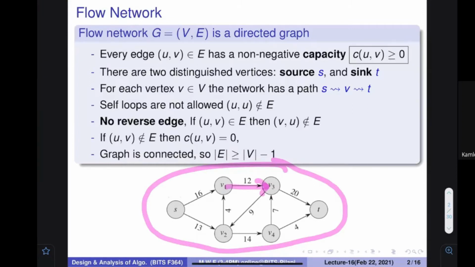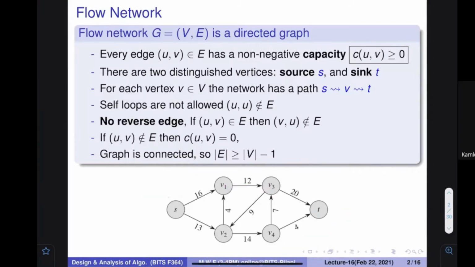Let me quickly show, just for the sake of interest, let's assume that here you are sending 1 unit, here also 1 unit. When I write 1 by 12, the upper number is a different number that tells the flow. Let's assume all the other flows are 0, 0, 0, 0, 0, 0 by 7.